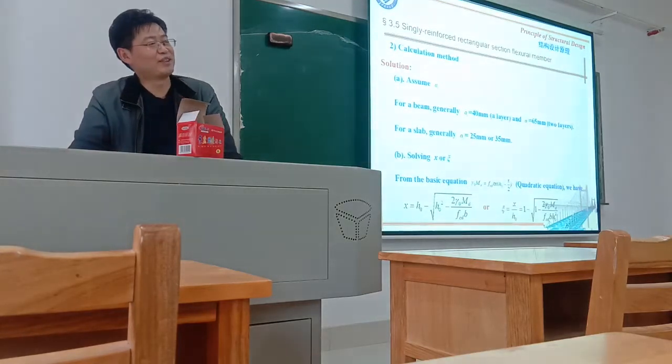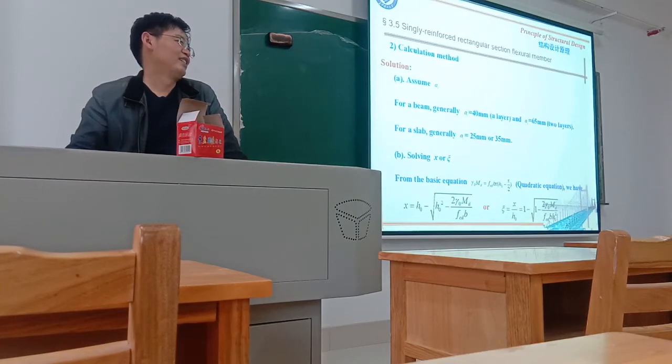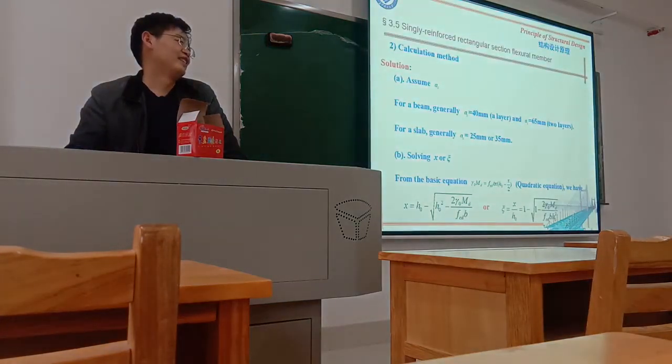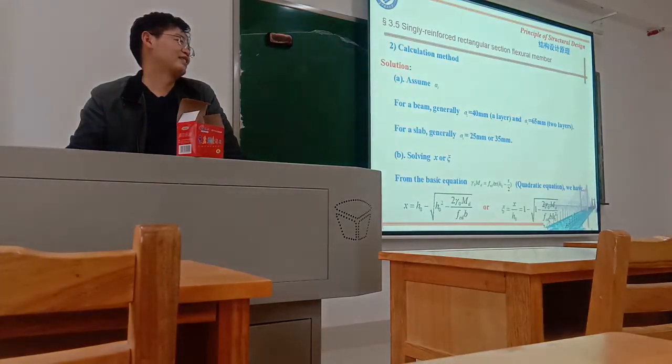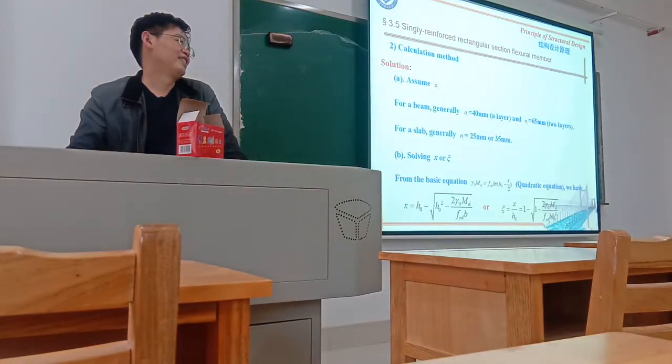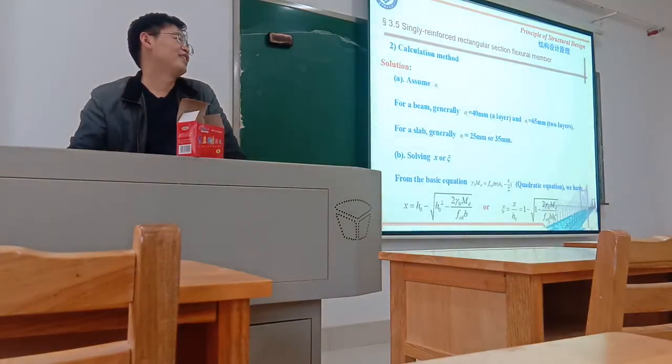The middle of the steel bar. If it's one layer, it is the middle. But if it's two layers, the middle of the two layers to the bottom. Or we can say that AS equals H minus H0.